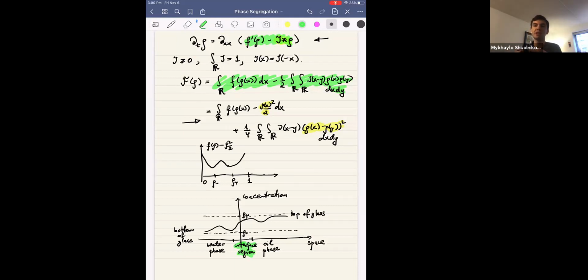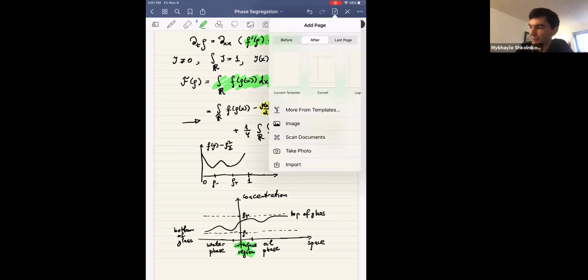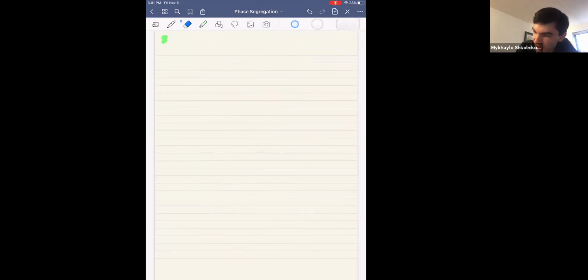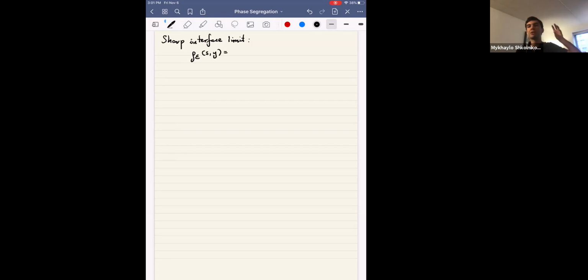And so in order to describe the dynamics of the interface region, what is proposed already in the paper by Giacomin and Lebowitz is to look at the so-called sharp interface limit. So that fills in the last words in the title of my talk. Right, so to study this interface region, the tool suggests is to look at a version of rho where you zoom out of the picture.